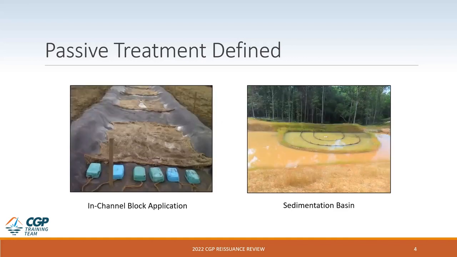And so here I have two photographs that just show potential components of a passive treatment system. On the left, you'll see a channel that is lined. There are several blocks of passive treatment chemical that can be seen in the bottom of the photo.